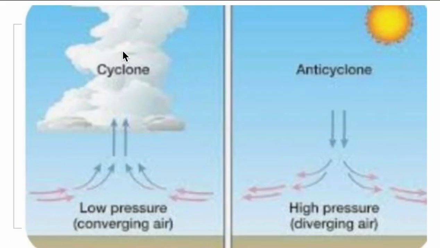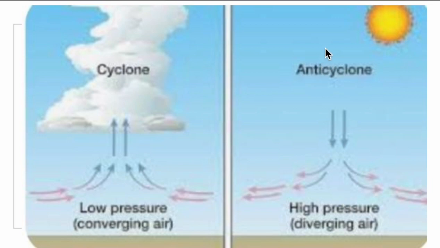These are normal cyclones and these are anticyclones. When normal cyclones occur, they create low pressure at the lower part of the area but high pressure here, and the clouds will be filled with water. Coming to anticyclones, they create high pressure in these lower areas.